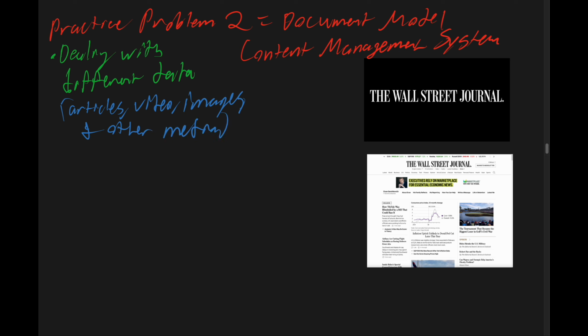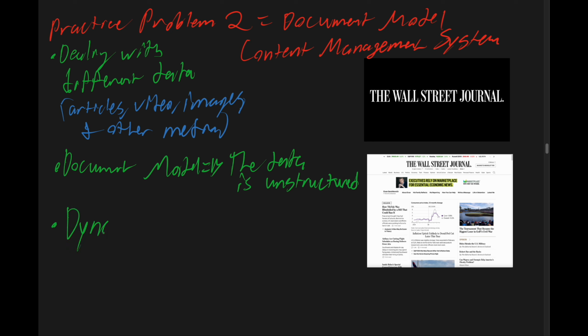And with the document model, the data is unstructured. With the data in itself unstructured, that means it's going to be dynamically increasing, so we can add on new forms of data throughout the entire content management system. So it's always being dynamically added and ever expanding.